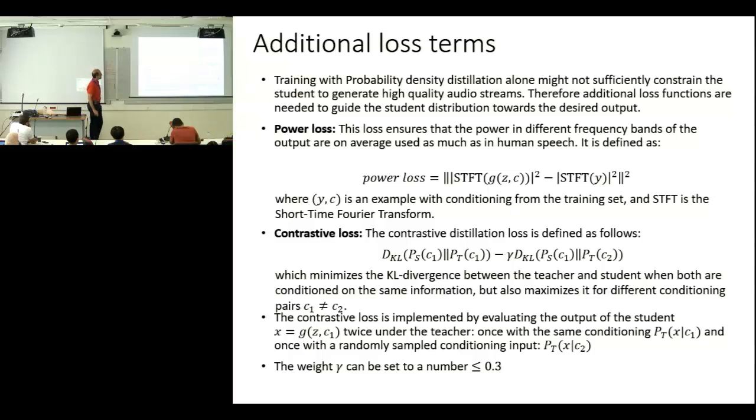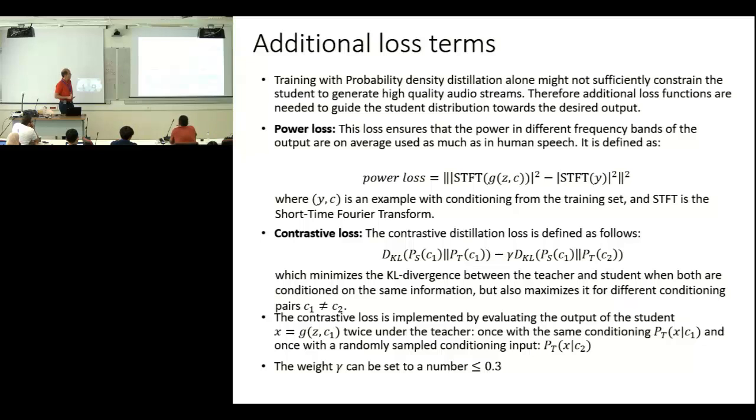We also have some additional terms in the loss function. If you train only with the Kullback-Leibler divergence, I will play you some samples later on, the quality is far away from a good one. So you need some additional loss functions. At least you need the power loss, which makes the spectral information of the output close to the spectral information of the target speech.